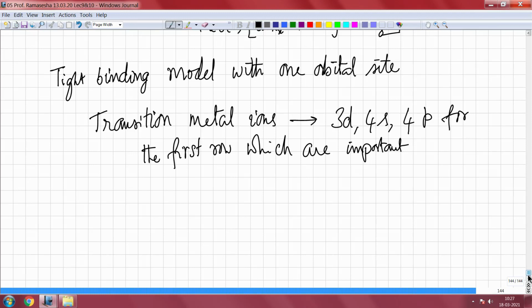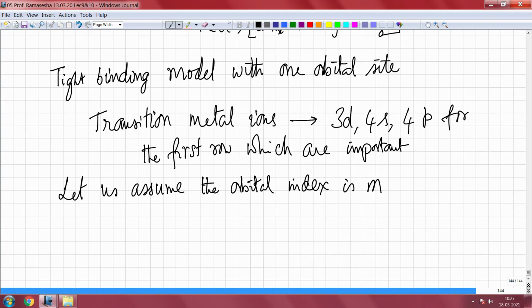It is pretty simple. Let us assume the orbital index is m. For example, if you are looking at 3d, 4s and 4p orbitals, you have 5 d orbitals, 1 s orbital and 3 p orbitals.